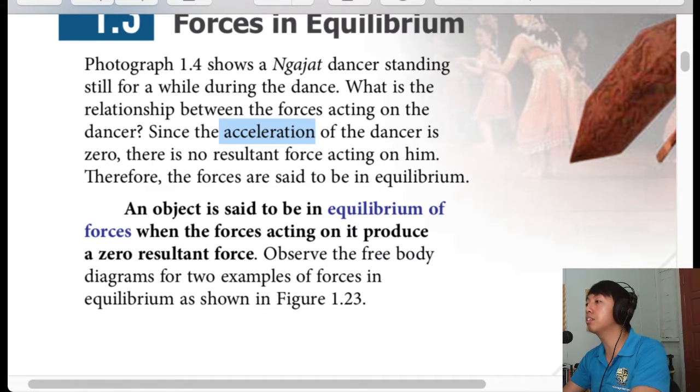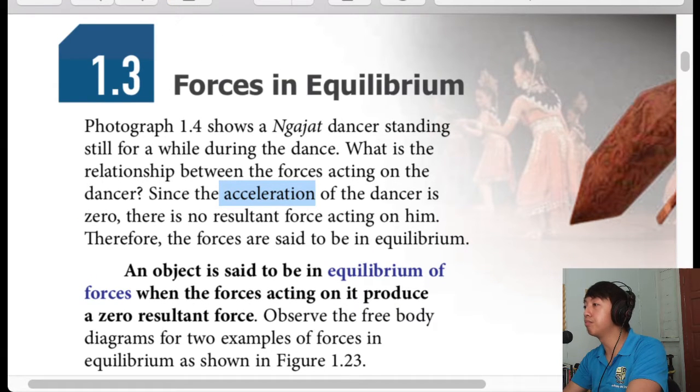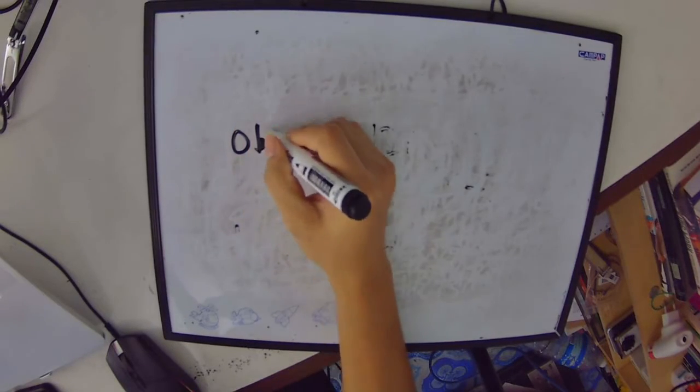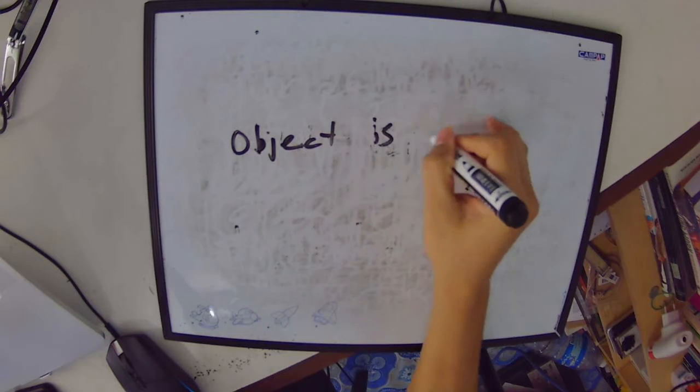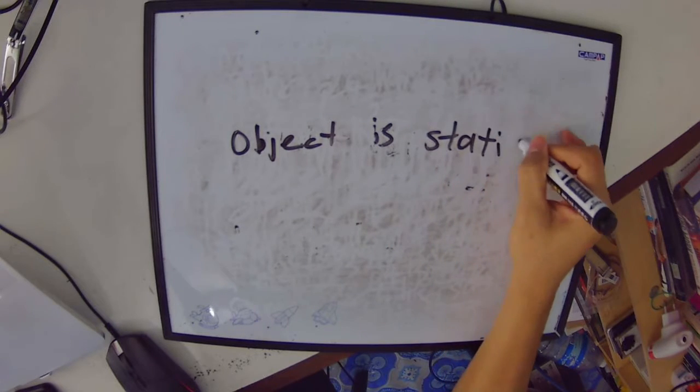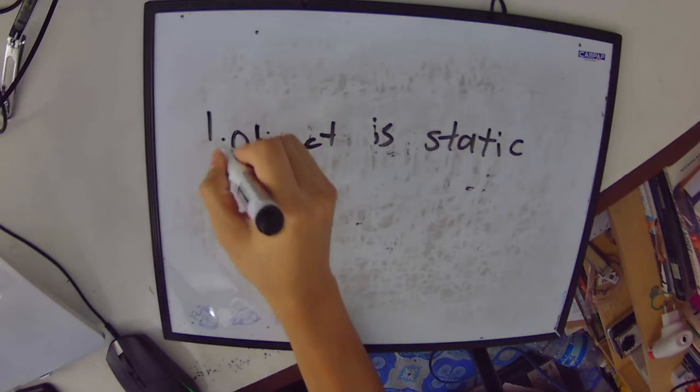So, kalau satu objek itu berada dalam state of equilibrium, when an object is in a state of equilibrium, that means either the object is static or staying still. That's one.